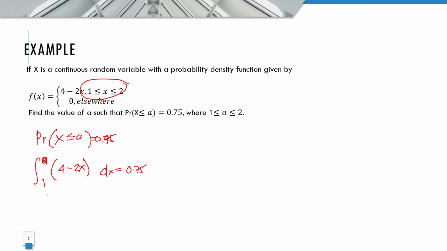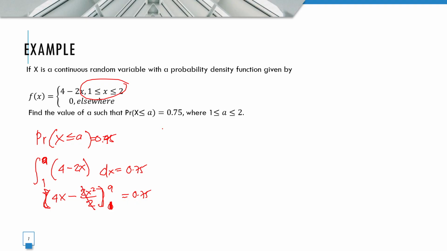Then we need to integrate this one. So the result of this one is 4x minus 2x squared over 2, from 1 to a, is equal to 0.75.